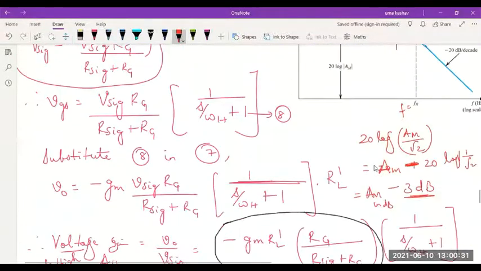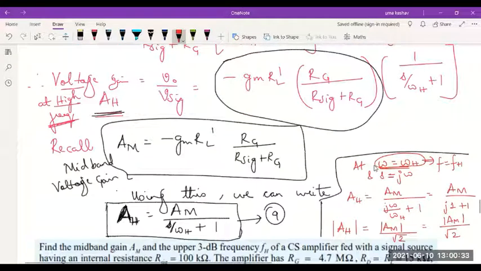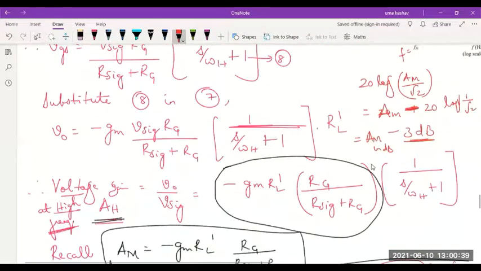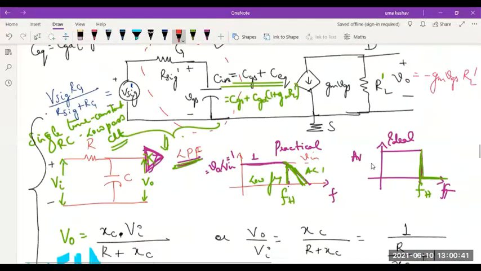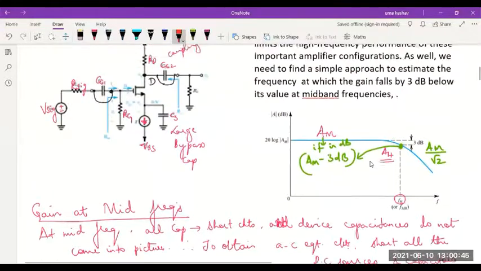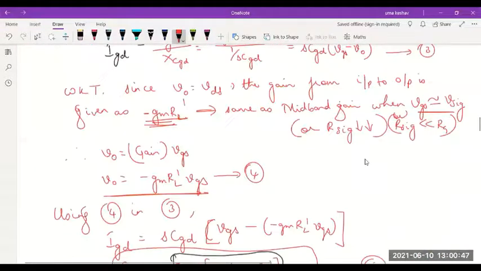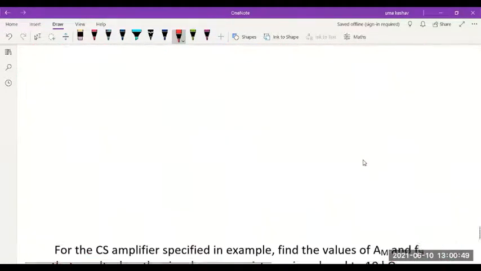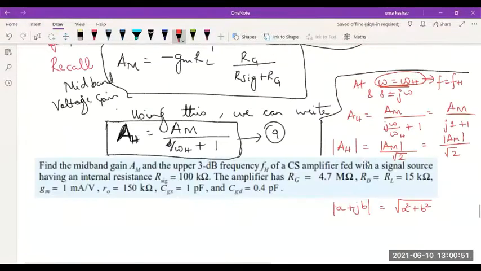Any doubts with this derivation? So whenever you are asked to find the high frequency response of a common source amplifier, you have to do all this complete procedure what we have done. So please go home and go through this. I'll be sending it today on the classroom. And let's do some problems based on this now.